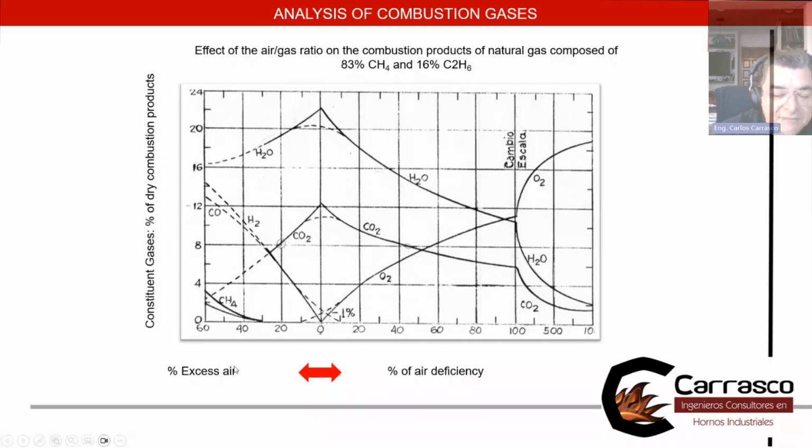If I have excess air on the right side of the graph, then I am going to have free hydrogen, more water, and CO2. So when you are firing a furnace, it is important to have this instrumentation and to understand this kind of graph, to know where you are and how efficient your system is.